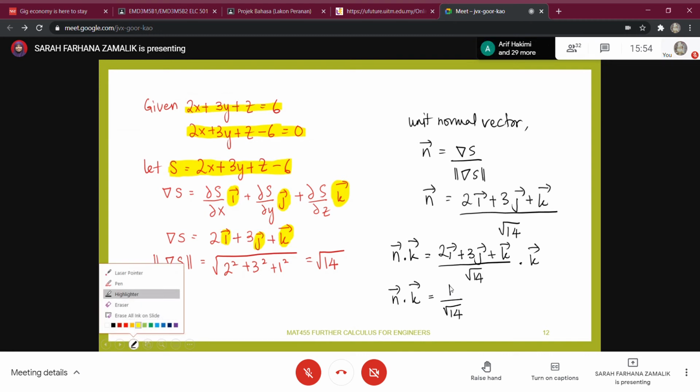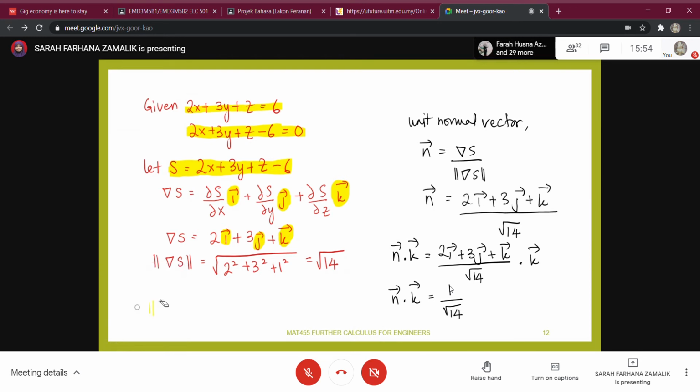Next one, find your magnitude of your S here. Okay, the magnitude of your S, which is the distance. So how to find distance of your gradient S? Dia mesti square root. Okay. So in this case, this sebenarnya gradient.